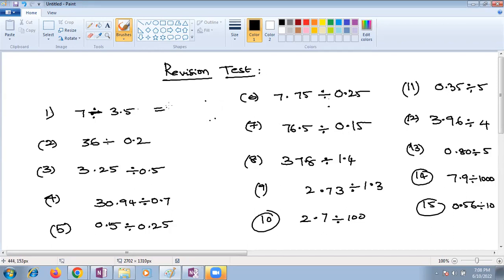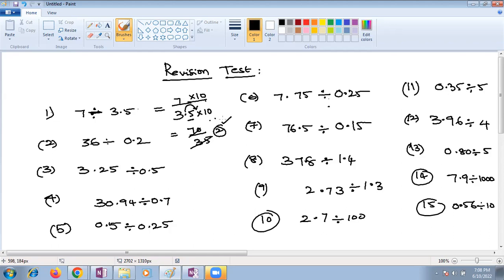I don't know, you can go with procedure. So denominator is decimal number. Make it a whole part. Denominator, how many decimal places you have? Only 1. So you should multiply with 10 on both sides to make it a whole part. Now 70 on numerator, the decimal moves towards the right side, 35. 35 ones are 35, 2 times.